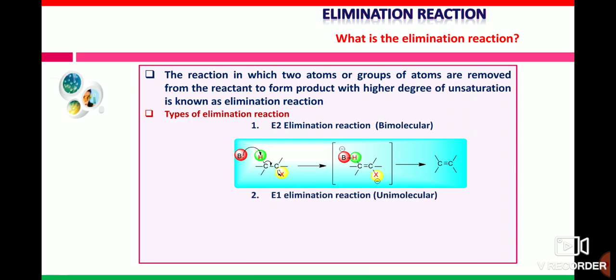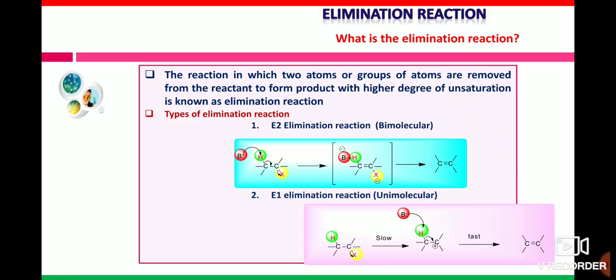Then consider the second, E1 elimination reaction or E1 mechanism. In this reaction, the bond between alpha carbon and leaving group breaks in a slow step to form a positively charged intermediate, which is known as carbocation.